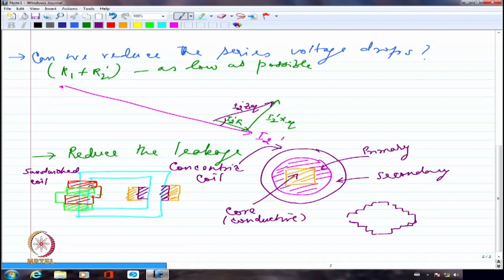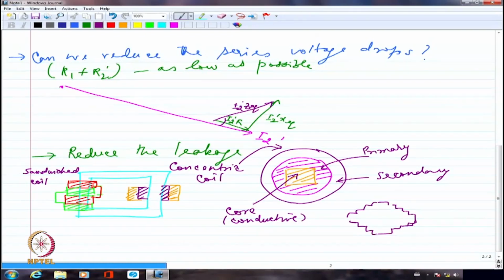One more reason is, because the core is also metallic, I need to make sure that the breakdown strength of the insulation is good enough to withstand the voltage, so the coil does not puncture the insulation and pass current into the core.